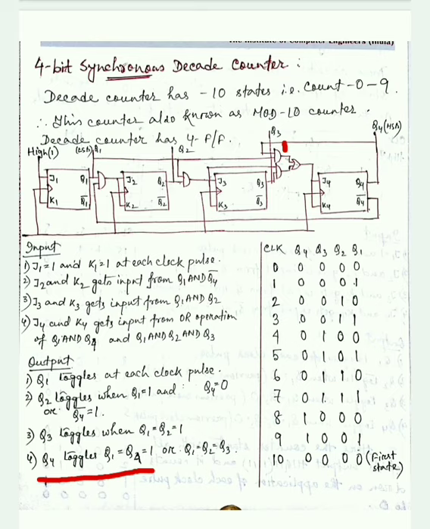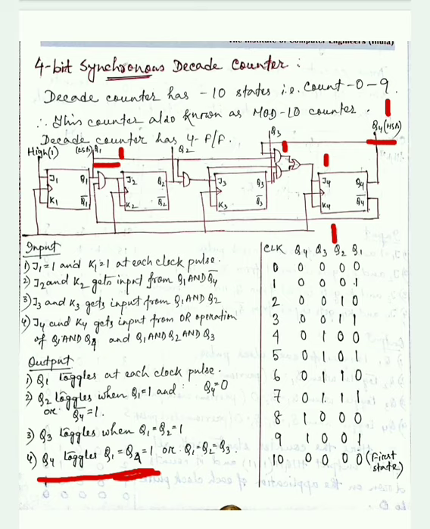If Q1 and Q4 are 1, then the output of AND gate 1 is 1, then the output of the OR gate is 1 and J4 and K4 get input 1. So one condition for Q4 toggling is when Q1 and Q4 are 1.